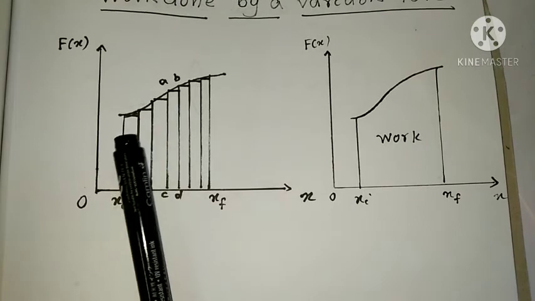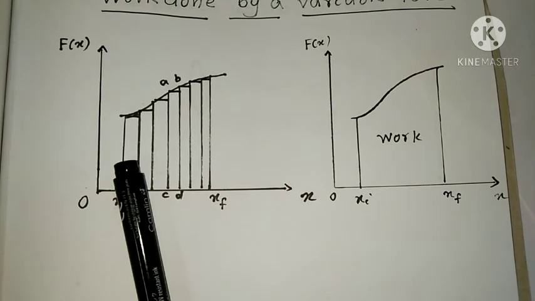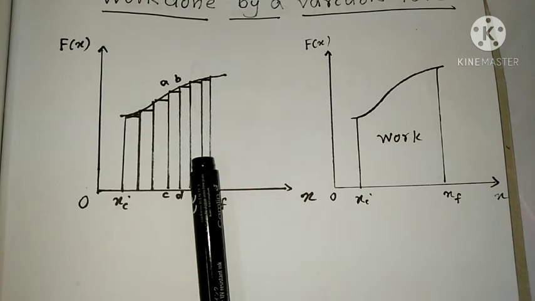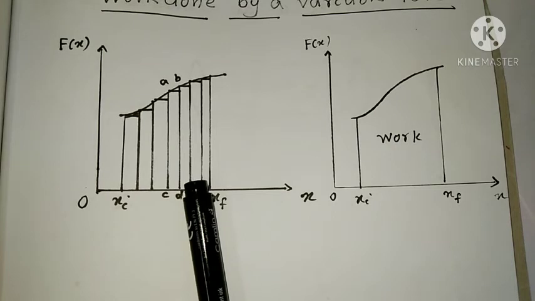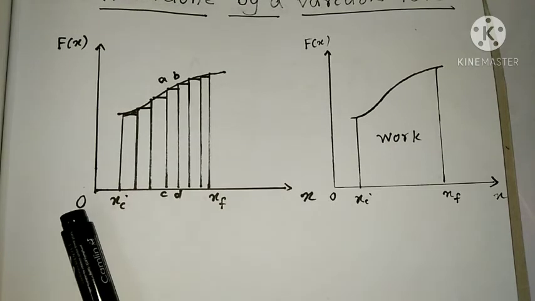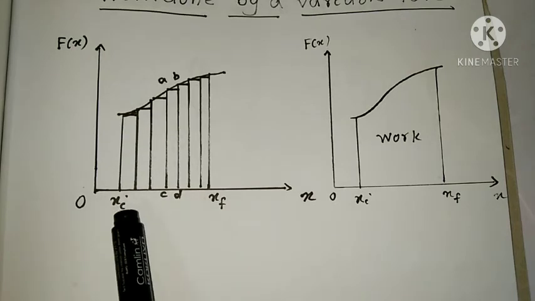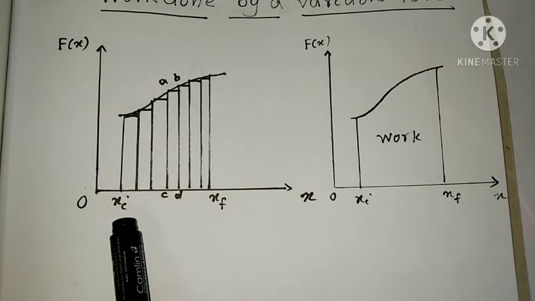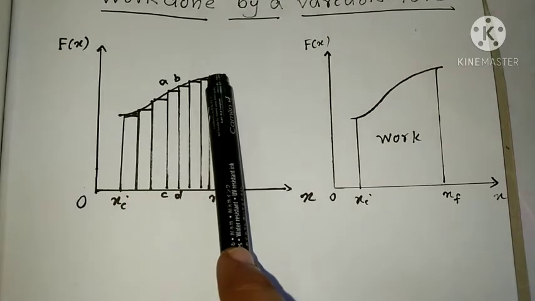This is the displacement of the object, moved under a force F. You want to calculate the work done on the object when it moves from xi to xf under this variable force.